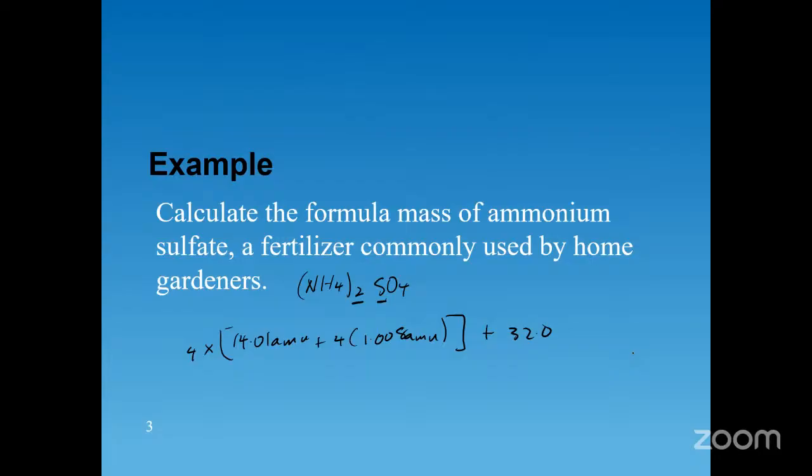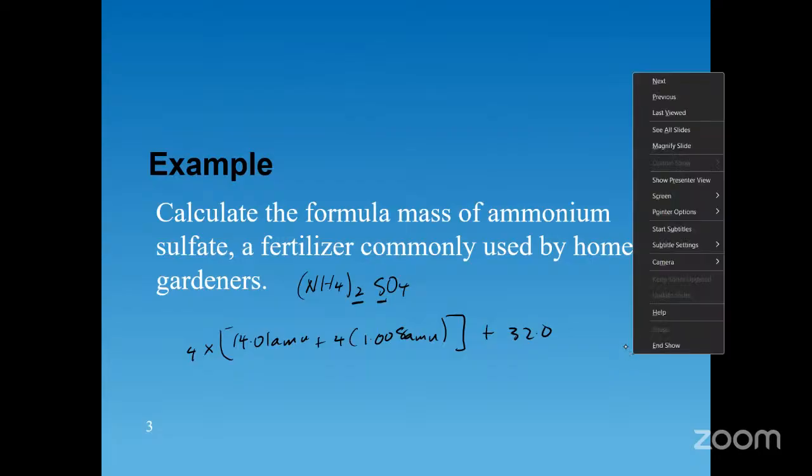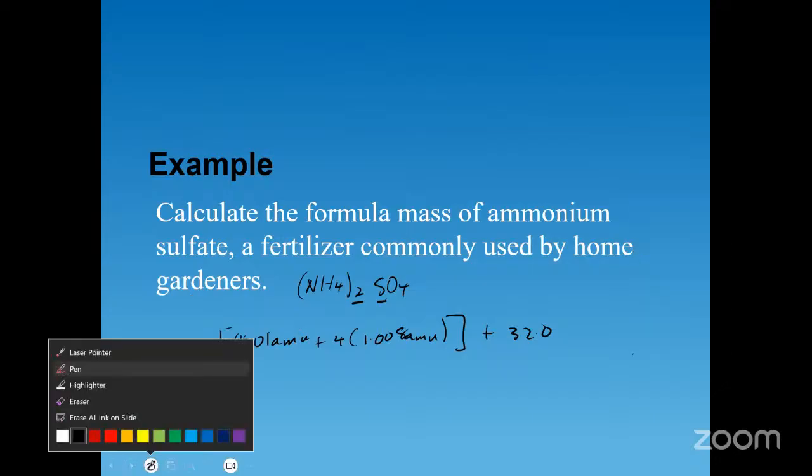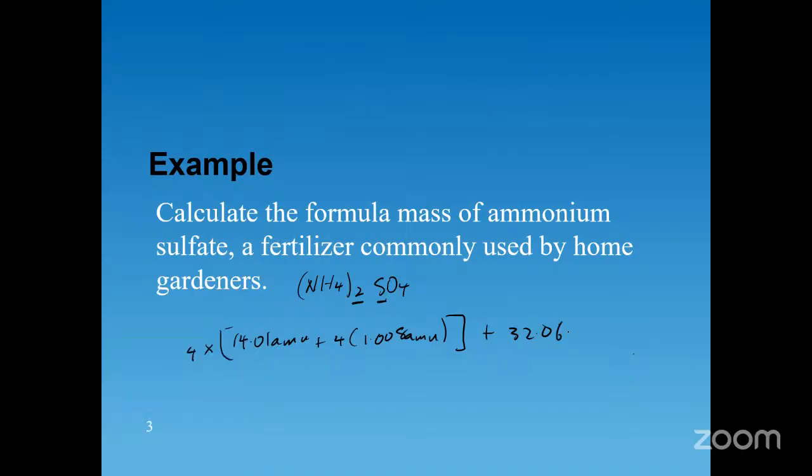Can somebody tell me? Because I can't see it from here. For sulfur. And 32.06, okay. Then AMU. And then for oxygen, there are 4 of them, so 4 times 16.00 AMU.